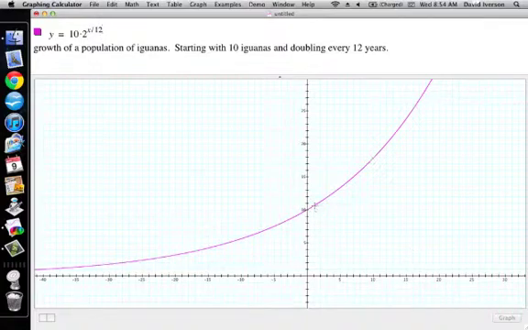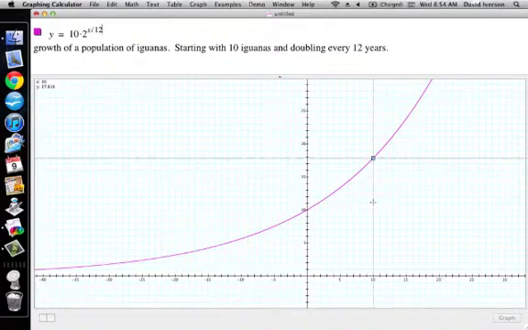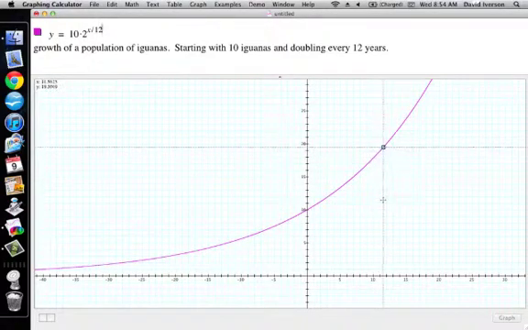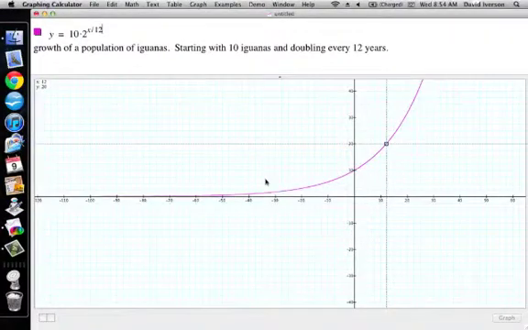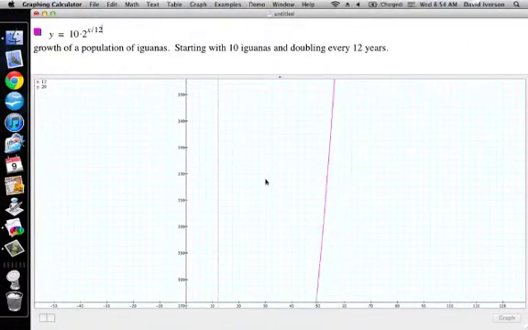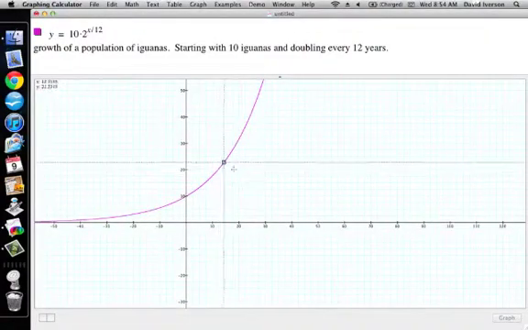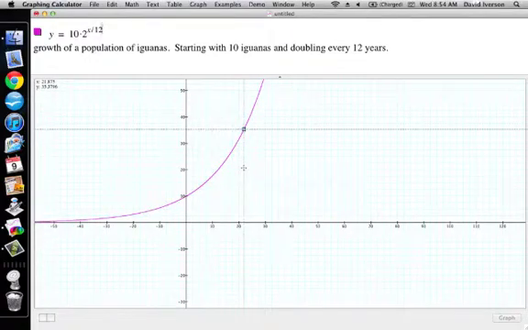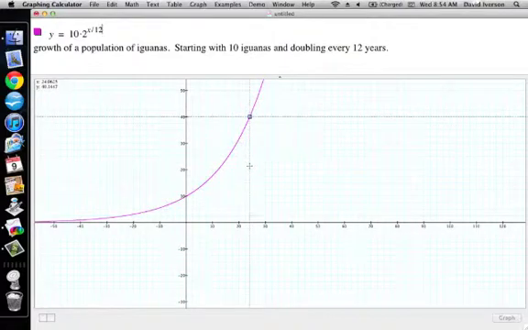And after 12 years, I'm up to 20 iguanas. And then after 24 years, somewhere right around there, I've got 40 iguanas.